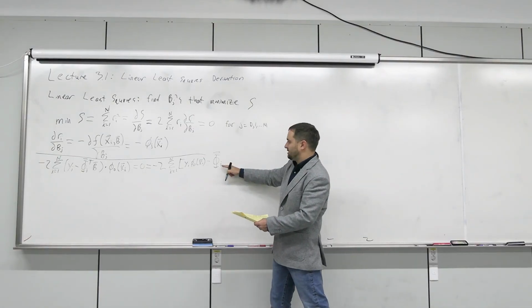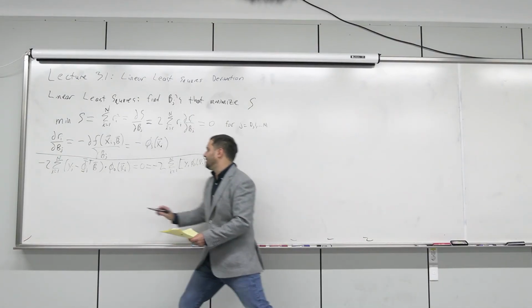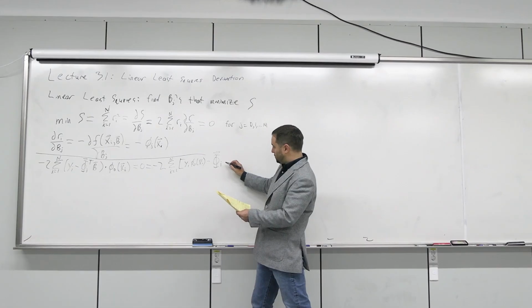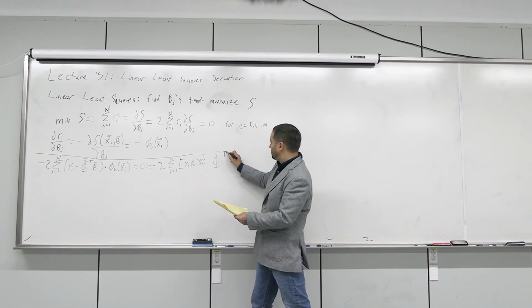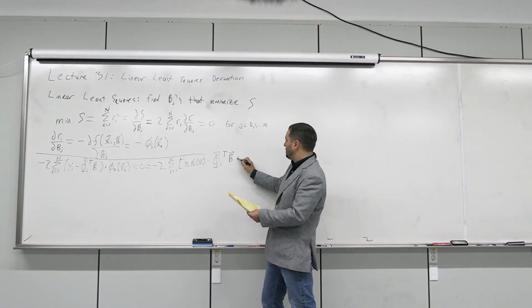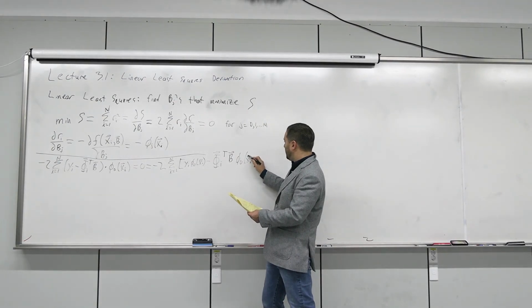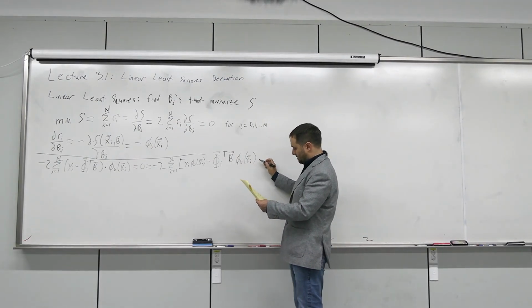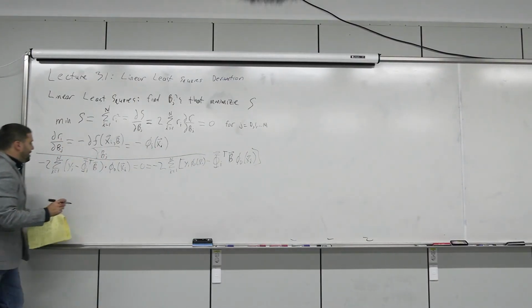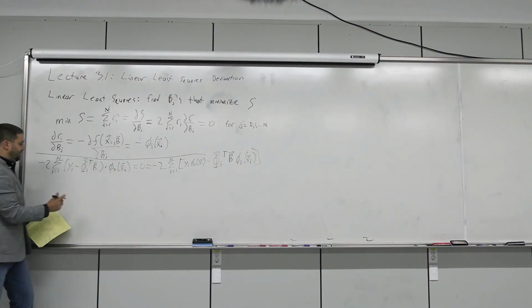And so we need a subscript i here. And that's the transpose, the dot product with our vector of betas, times phi naught evaluated at x_i. And then we need to do this for each one of our regression functions.